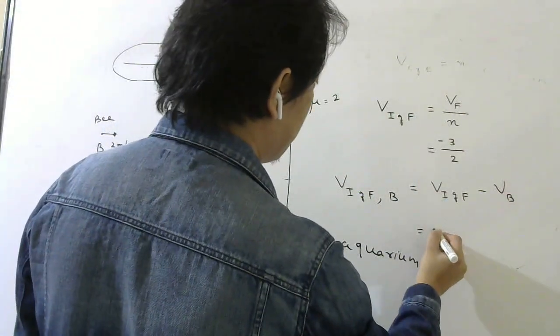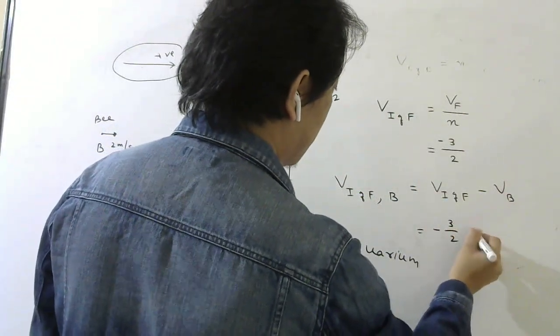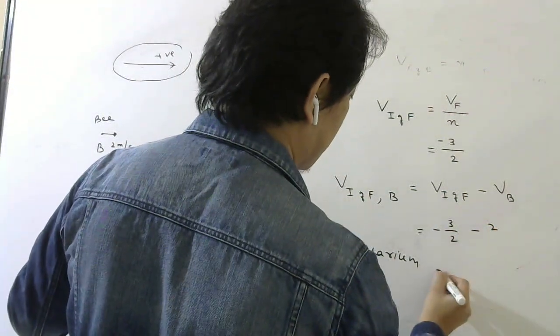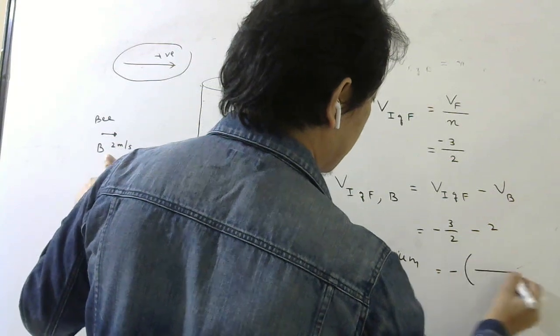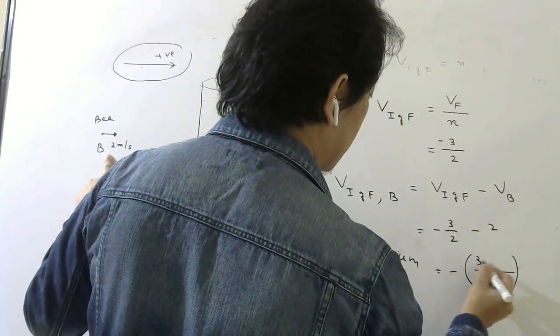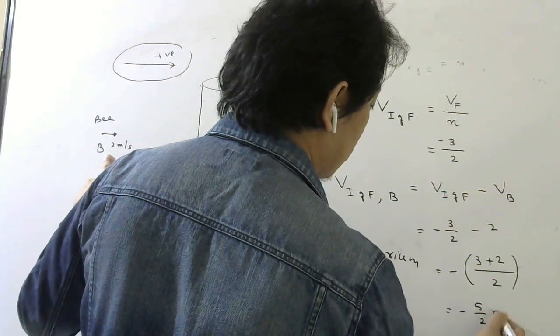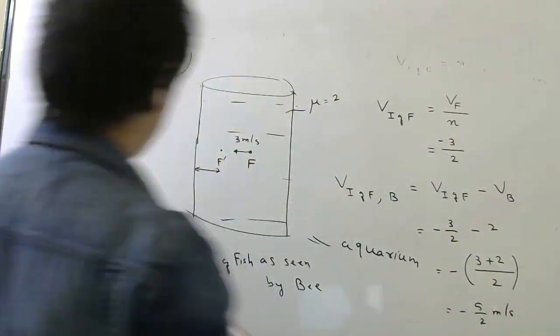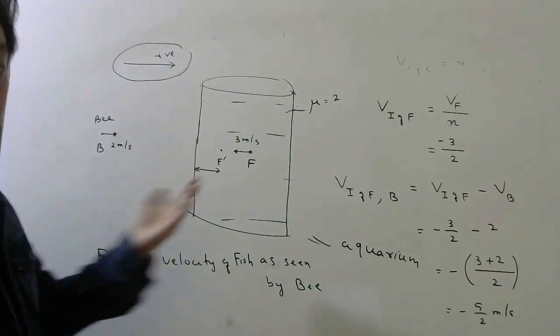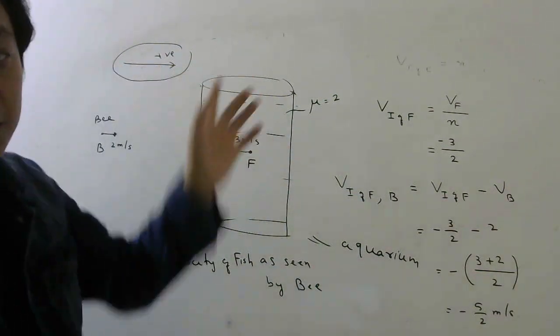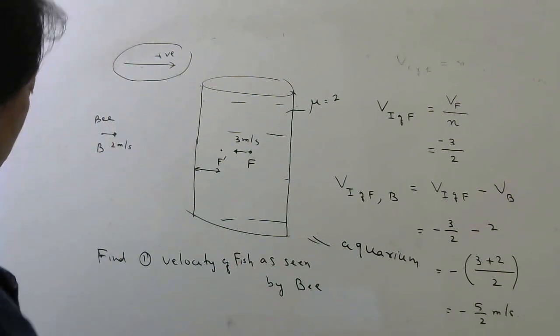So this will be minus 3 by 2 minus velocity of B with respect to ground, which is given 2. So minus 2, 3 plus 2. So it will be minus 5 by 2 meter per second. Minus means for the bird, the image of the fish will come this side, opposite to your positive direction.